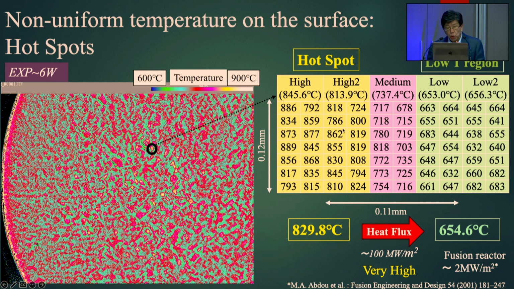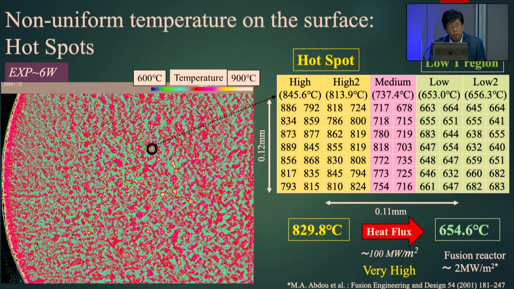If we consider only one-dimensional heat conduction, the heat flux is about 100 megawatts per square meter.